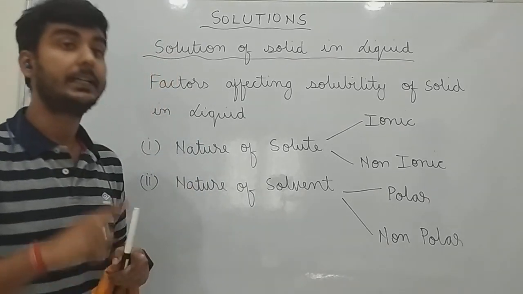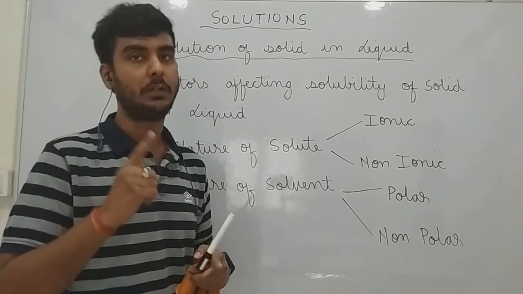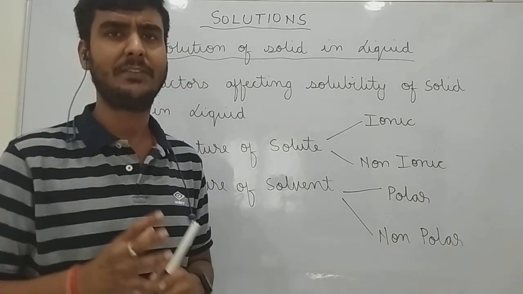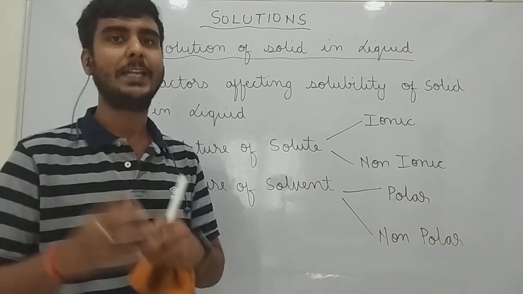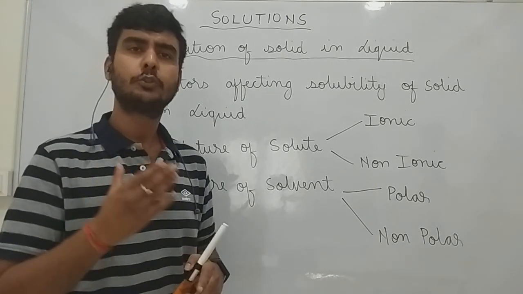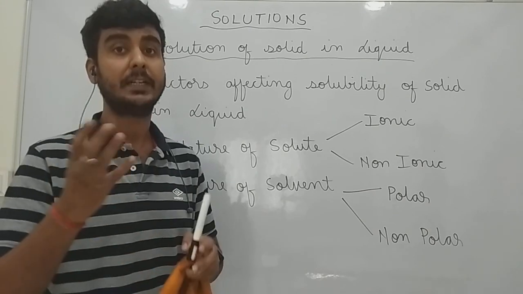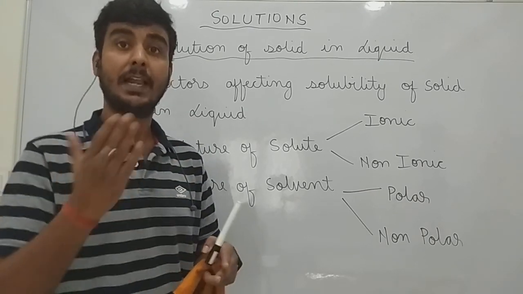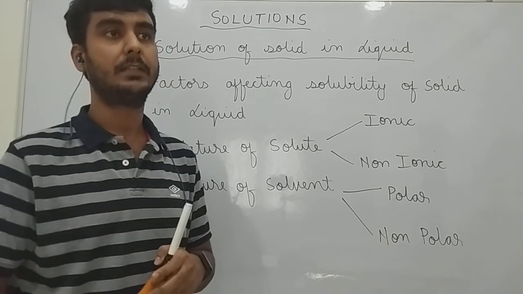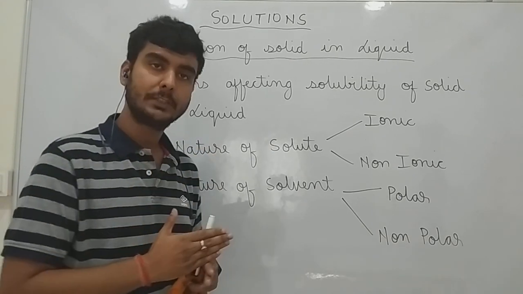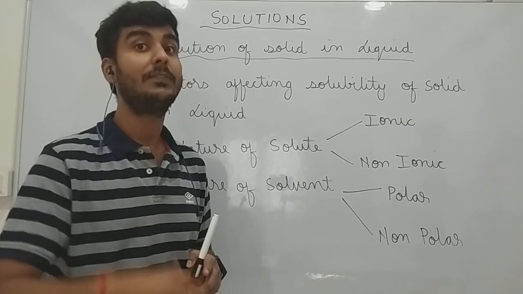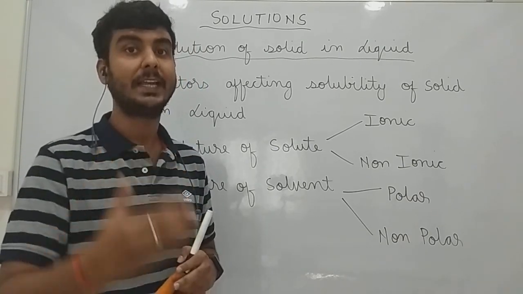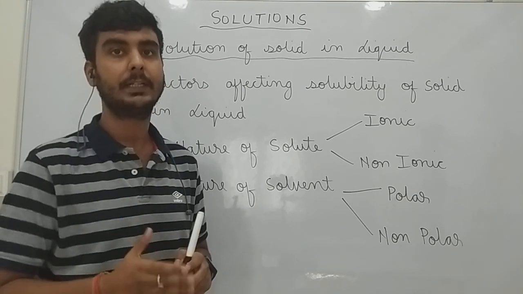So ionic solids are easily dissolved in polar solvents, whereas non-polar solvents have low value of dielectric constant, so they generally dissolve non-ionic solids, or you can say like dissolves like. So polar solvents can easily dissolve ionic solids, and non-polar solvents can easily dissolve non-ionic solids.